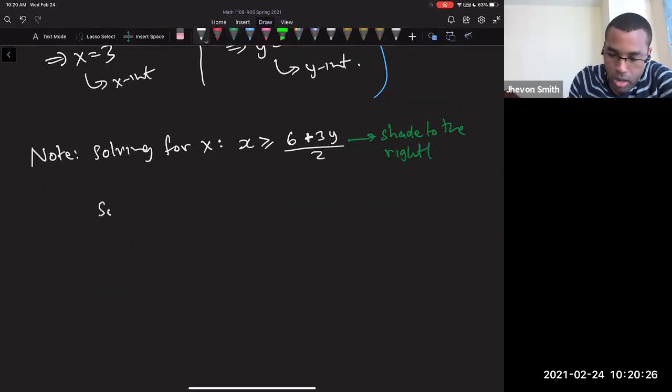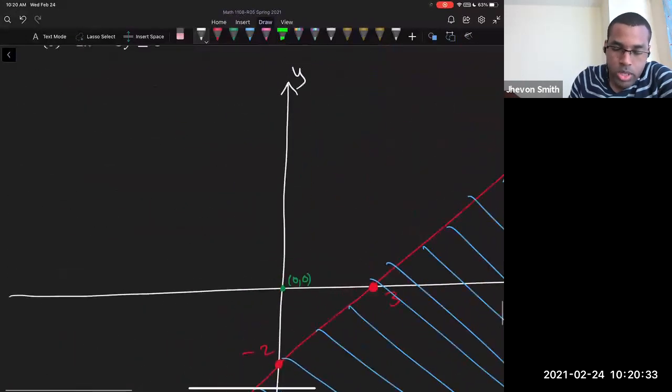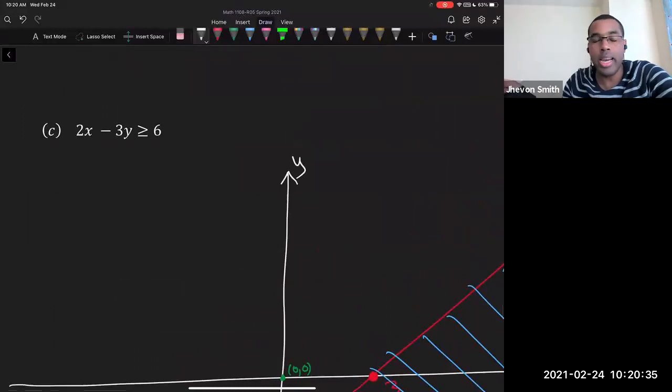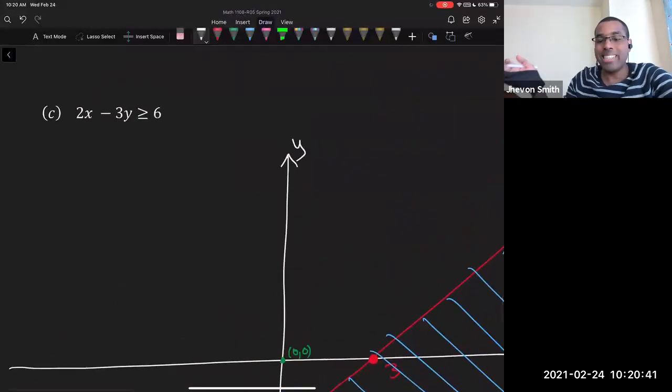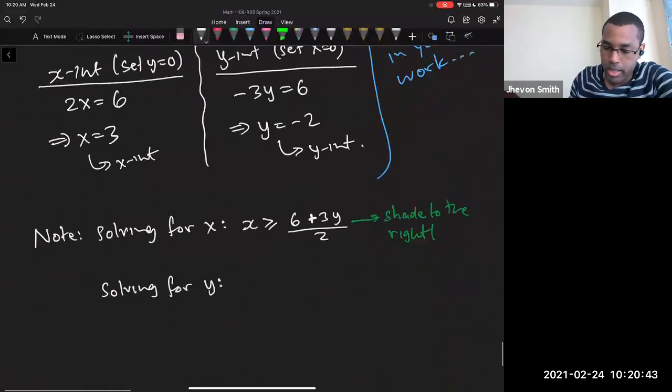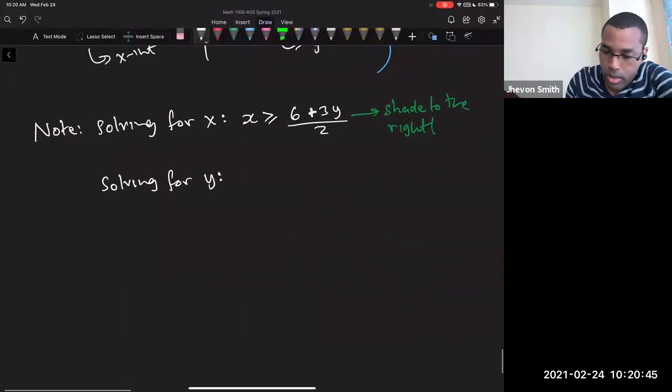If I solve for y, I'd probably move the y to the side that makes its coefficient positive. So I move the 6 to the other side. So I would get y is less than or equal to 2x minus 6 all over 3.